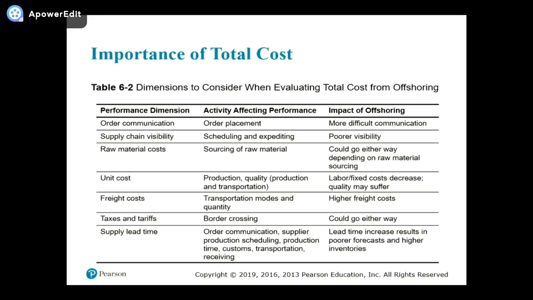Freight cost is higher because of the longer distance and longer lead time. Taxes and tariffs depend on the policies of the countries. Supply lead time increases, and this increase in supply lead time also has other implications. For example, it could lead to poorer forecasts and, as a result, higher inventories.